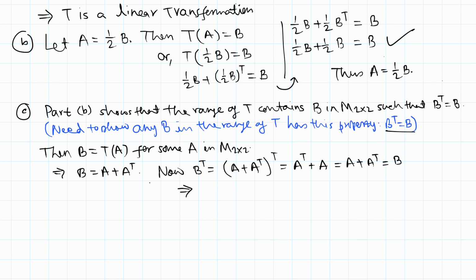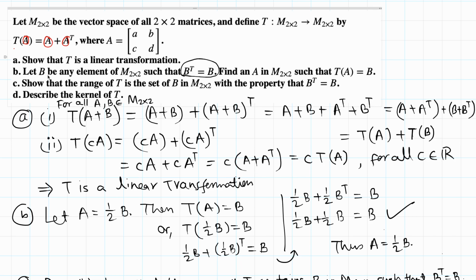Any B has the desired property, such that when we transpose it comes out to B. That means we proved part C. The range of T contains all the B with B transpose equals B.